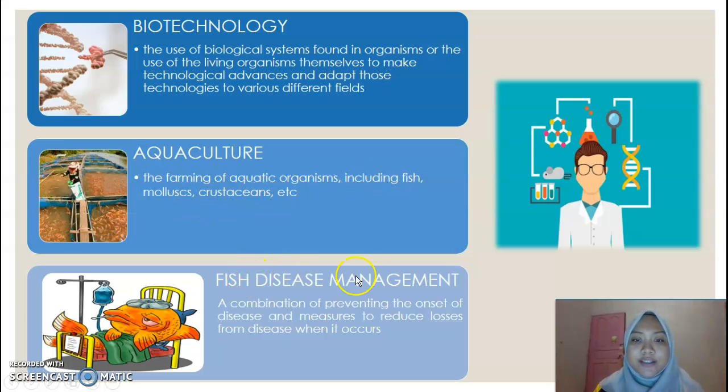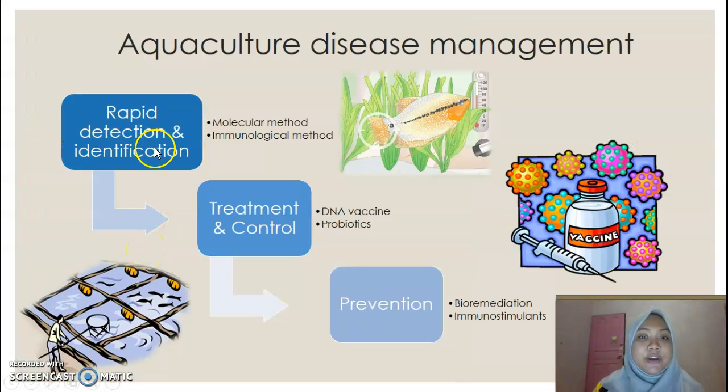So, what is fish disease management? Fish disease management is a combination of preventing the onset of disease and measures to reduce loss from disease when it occurs. Okay, so this is a flow about aquaculture disease management. The first step is rapid detection and identification.